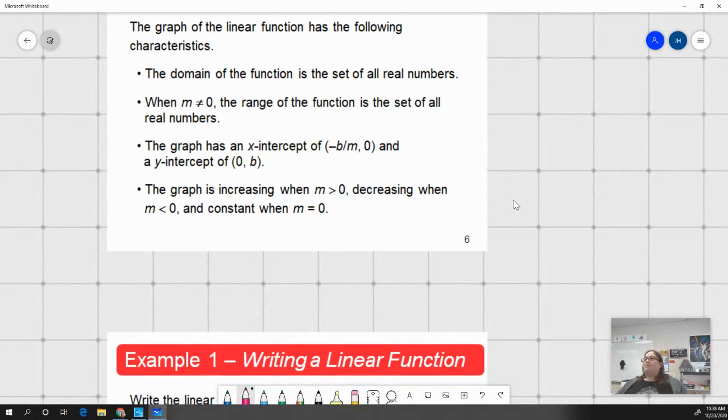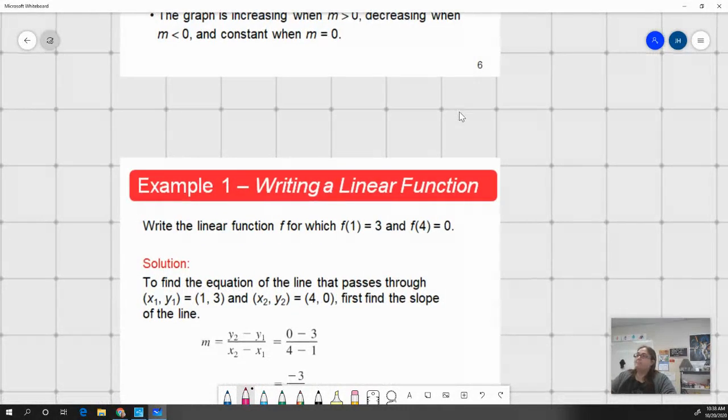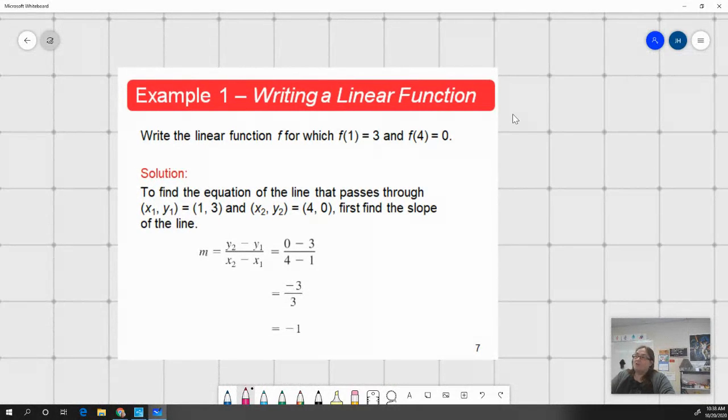Do you need to know all this? Not necessarily. This is just saying that your graph increases when you have a positive slope. It decreases when you have a negative slope. And it's constant when your slope is 0, right? Which makes sense. It just means you have a horizontal line at whatever your y is. This is all stuff you've seen before. It's just in weird language.